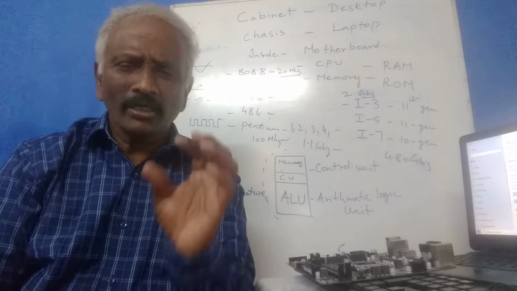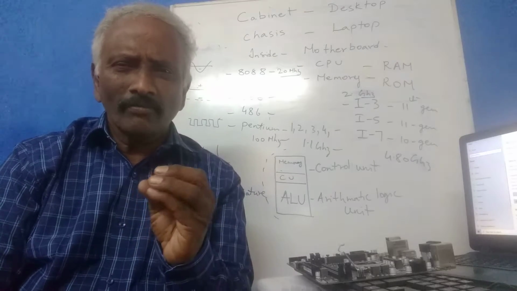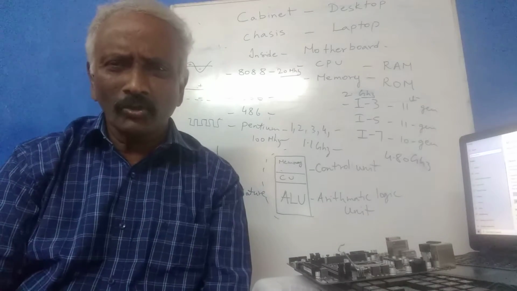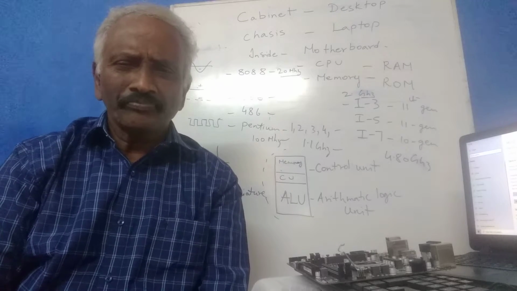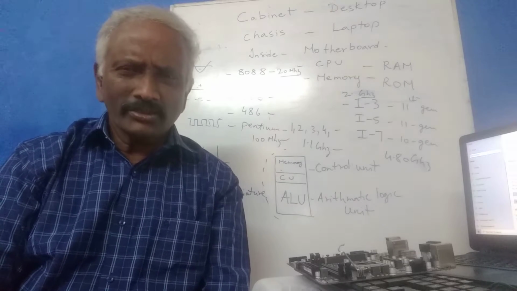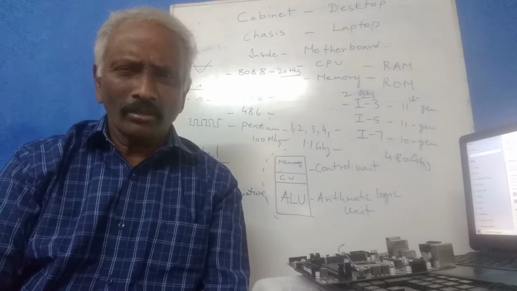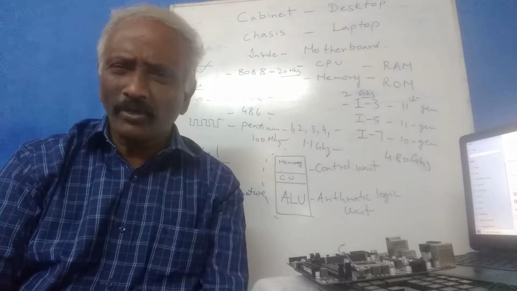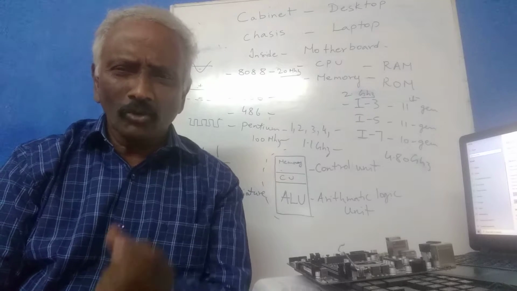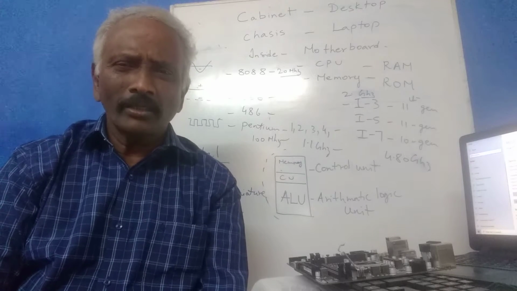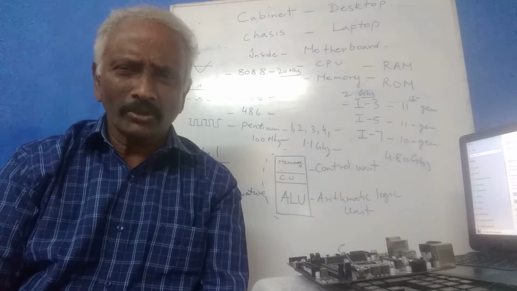So you know that in a computer, the CPU is the main device which is controlling all your devices. Fine. The CPU is known as the central processing unit. So what is inside that CPU? A CPU contains a control unit, CU, and an ALU, arithmetic logic unit.